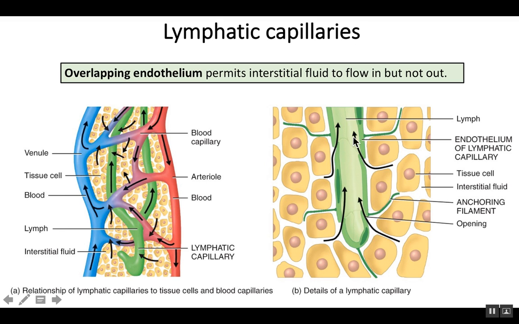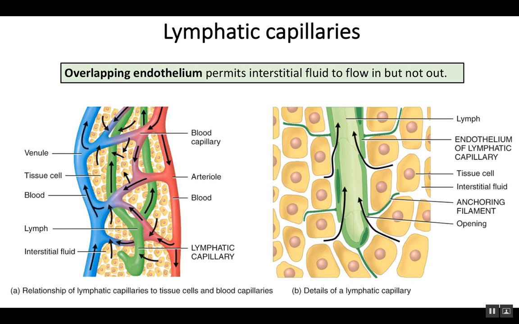So this is how this lymph is produced. It begins as interstitial fluid, but once it's not in between cells anymore, but it's in a lymphatic vessel, we change the name. But lymph is almost identical to interstitial fluid. It's just in a different location now.